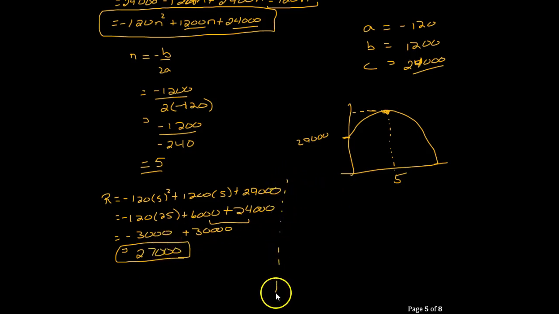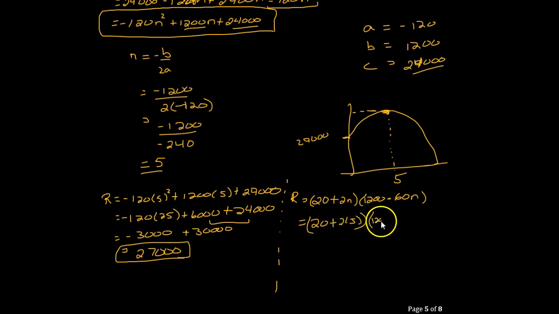You could have also used the formula in factored form, and in factored form it was 20 plus 2n and 1200 take away 60n. So 20 plus 2 times 5. Just be careful for your brackets here. You got the 2n, put this in a bracket there. And then 1200 take away 60 times 5.